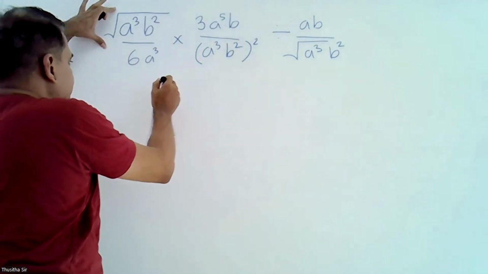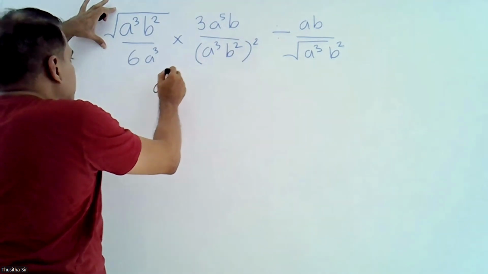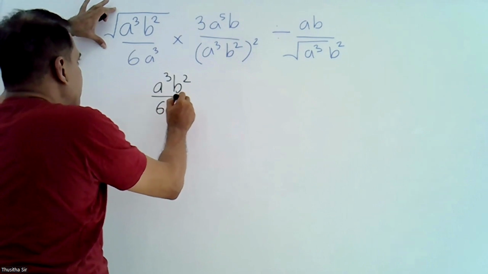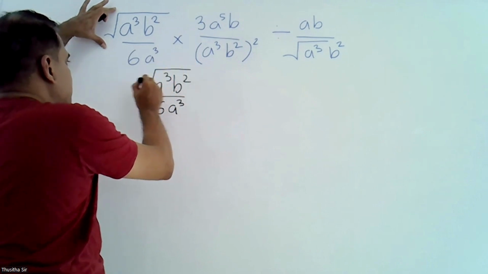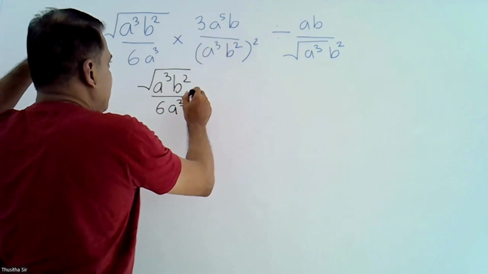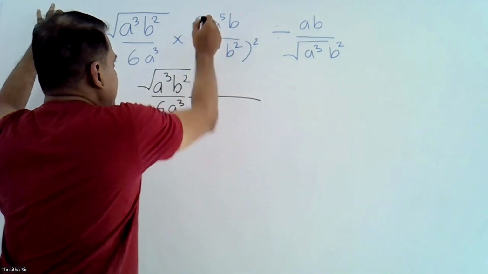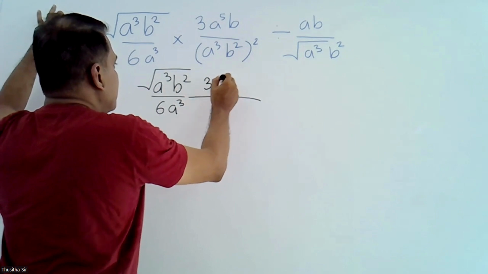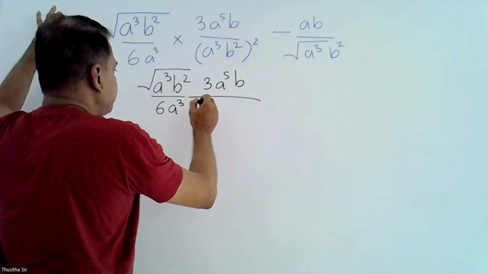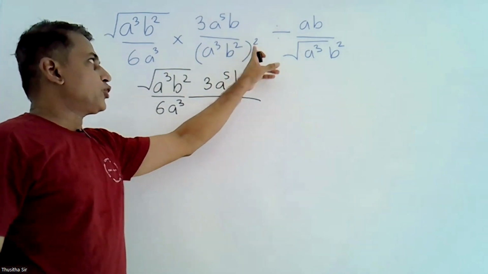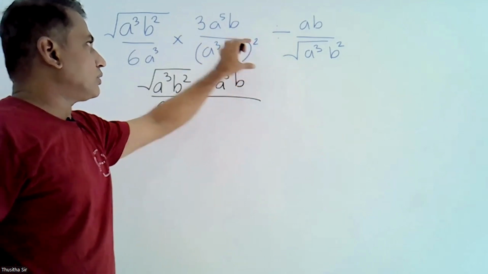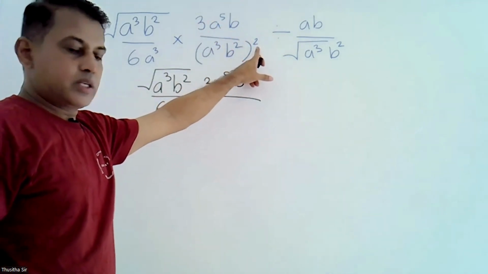So I write this one, a, divided by 6 power of 3 and square root of this. Then I can multiply this. So when I multiply this, I take this one, 3, a, b, and the bottom one, you can see here, this whole set is squared.